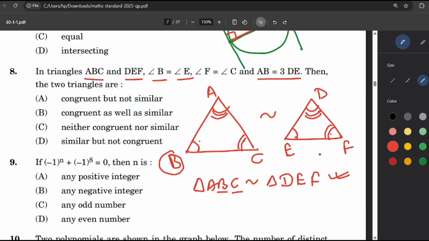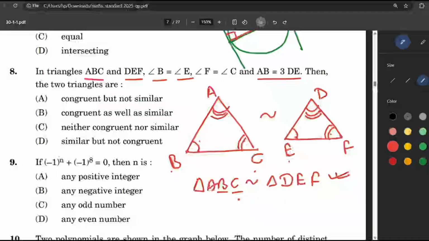How did we know about it? These data came from angle B is equal to E, C is equal to F, and we know that corresponding angles are equal, and vice versa of this sentence, equal angles are corresponding. So we can say that B is corresponding to E because B is equal to E. So by using this rule, we name both these two triangles.